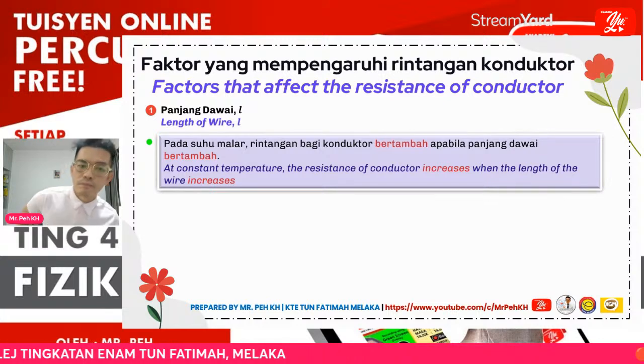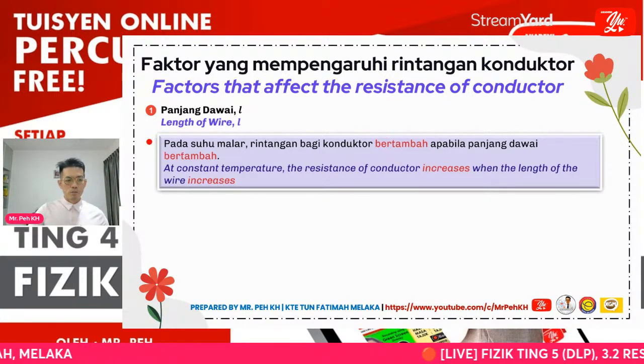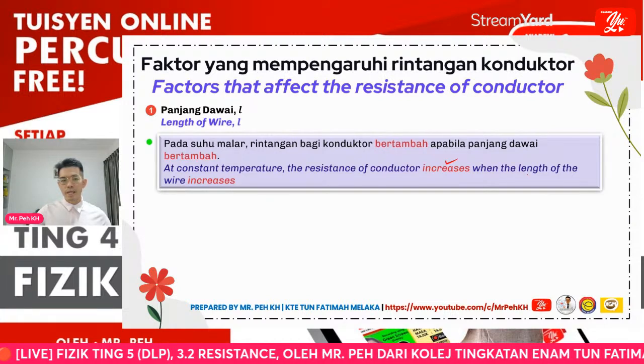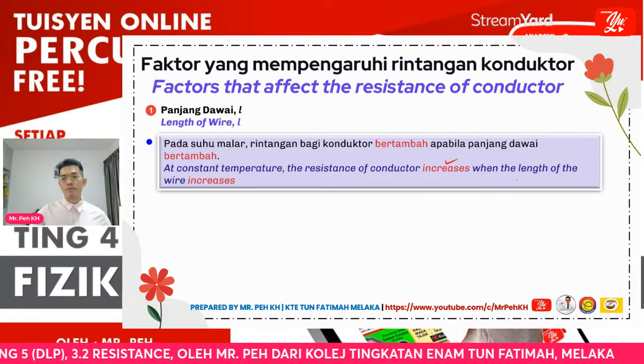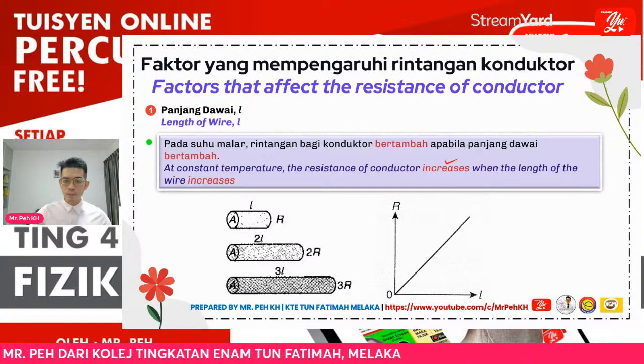Let's discuss the first one: the length of the wire. Generally, at constant temperature, the resistance of the conductor increases when the length of the wire increases. Here we have the same type of conductor with different lengths.